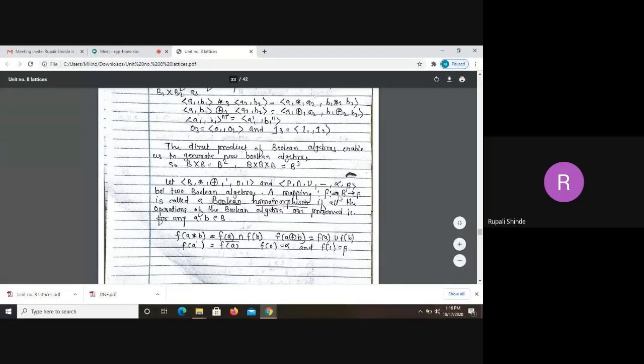A mapping f from B to P is called a Boolean homomorphism if all the operations of Boolean algebra are preserved.